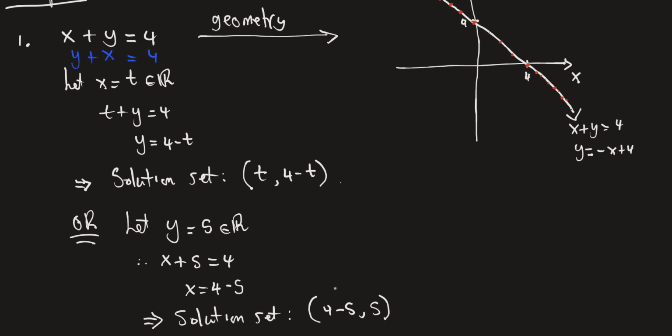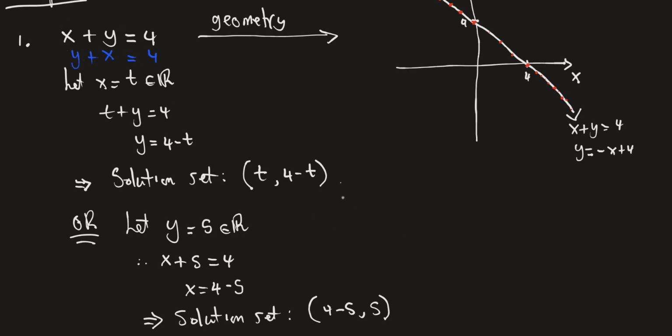One, because I'm using different letters for the parameter, but also if you notice, the 4 minus the parameter is located in different positions, in the second position here as opposed to the first position here. But these are both correct definitions for the parametric solution set of this equation, right?